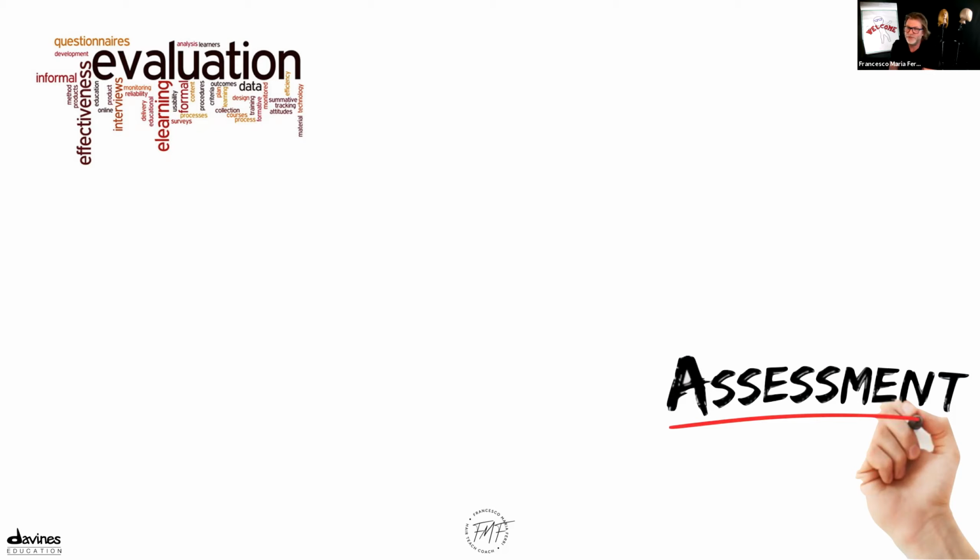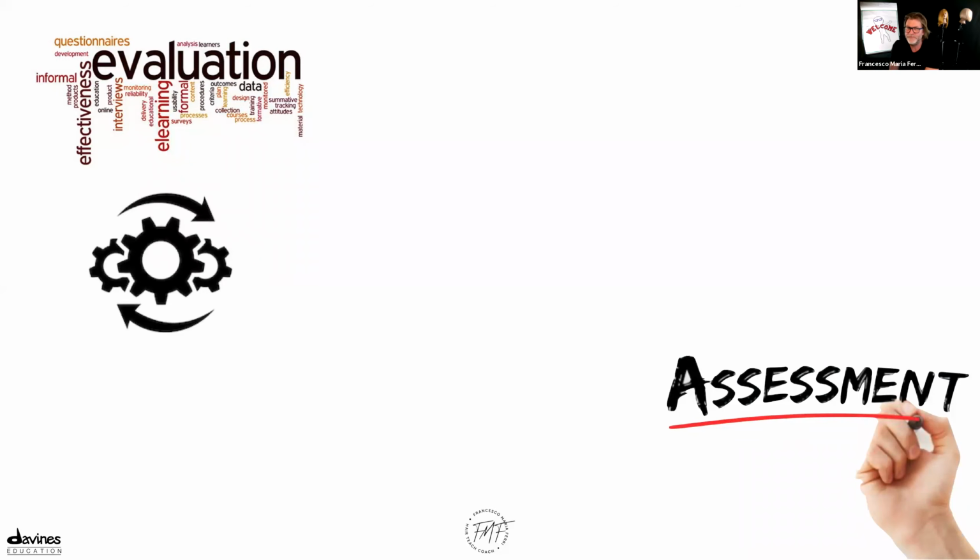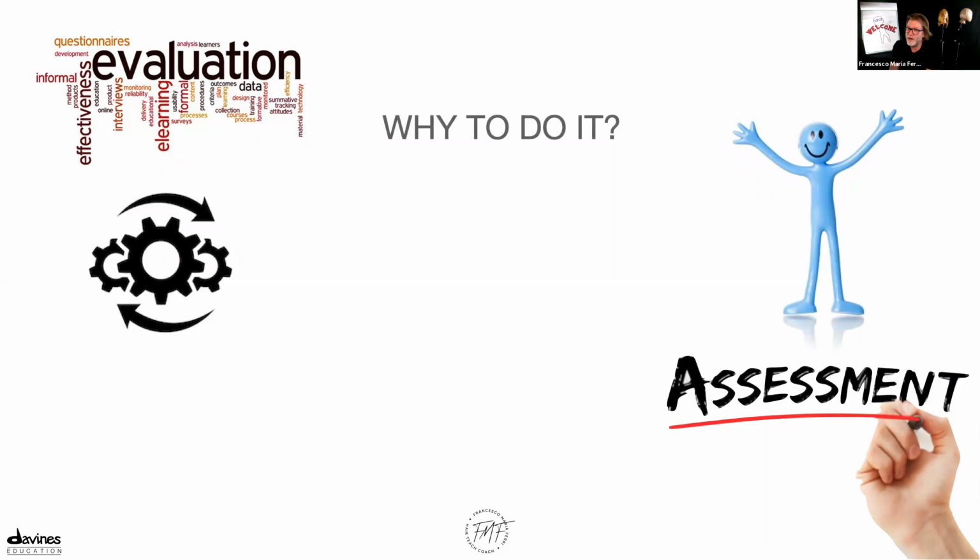So basically, I'm going to very quickly remind you what the conversation in the last session led to, which was more related to evaluation and assessment tools: what does it mean one and what does it mean the other one, and how to create them. One was more in terms of evaluating the process, the other is more about assessing the performance of the individuals, the reason why to do it and how to do it.